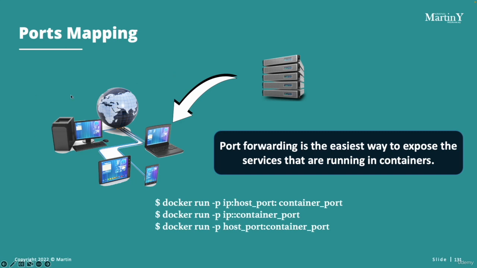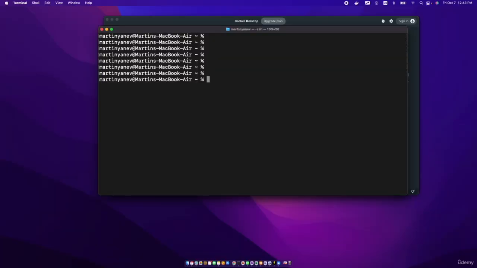So let's go now to the terminal and find out how we can actually define what ports to expose using the nginx image. Here I am in my local terminal, and let's do docker run --name docker-nginx -p, and here you specify the host port first and then the container port.